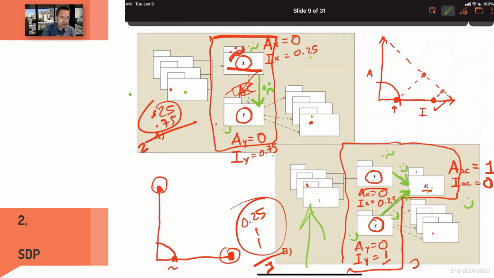SAP and SDP. And this basically is the explanation with numbers about something that you already know. When you have a class that is using another, it's better to transform this one into an abstract class and a child.